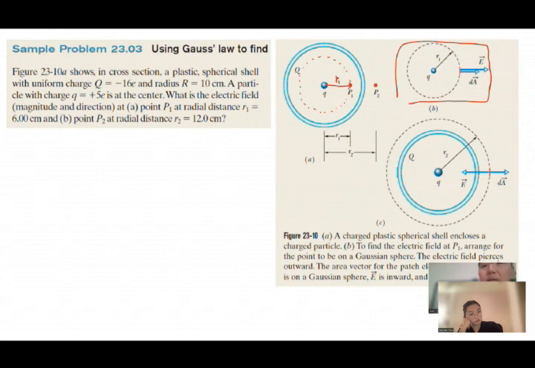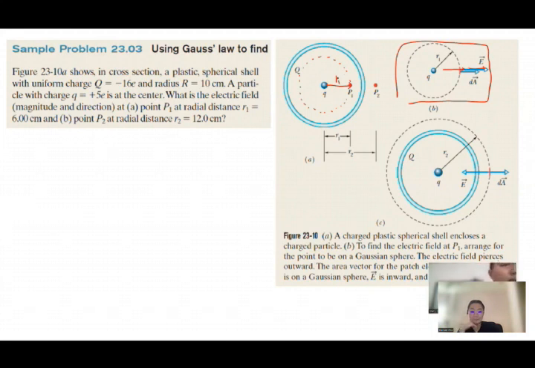And as I said, because this point charge Q is positive, the electric field is outward, and on the surface of this Gaussian sphere, the area vector is pointing outward.